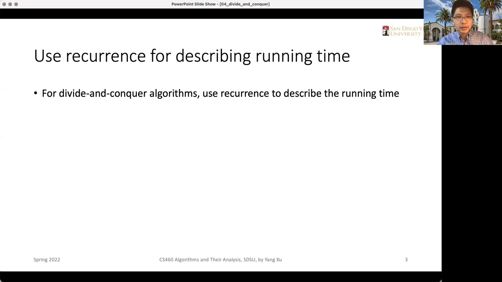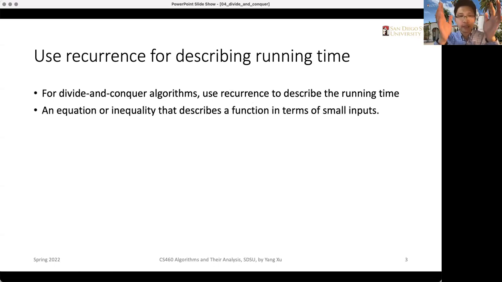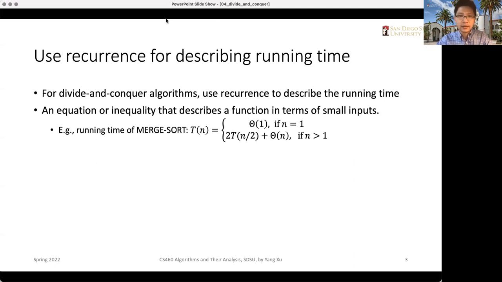The technique that we will need to use for describing running time is the recurrence. It is an equation or inequality that describes a function in terms of its values on smaller inputs. For merge sort, we describe the running time with a function T of n, and we split the function into two cases.